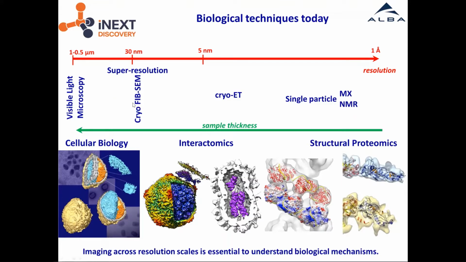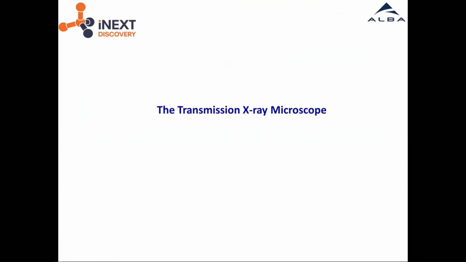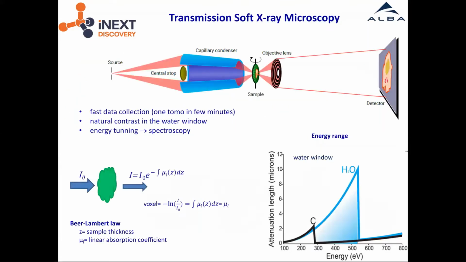Cryo-soft X-ray tomography is sitting around 30 nanometer resolution half pitch with a sample thickness of a few microns up to 10 microns. So what is a transmission X-ray microscope?